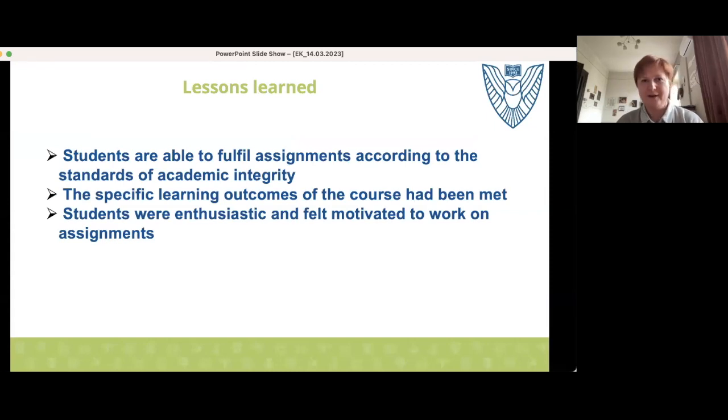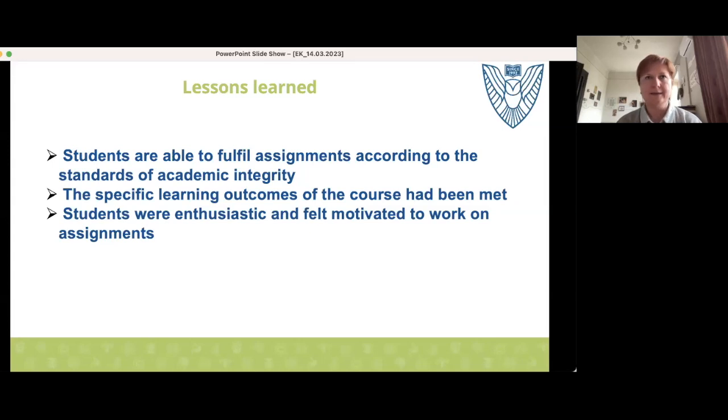Lessons learned. Students can do such assignments and can follow all requests and standards defined by the academic integrity principle, specific to every institution as well as in general. Also, as each learning course, and especially research-line courses, has its own specific outcomes, these can be met as well.